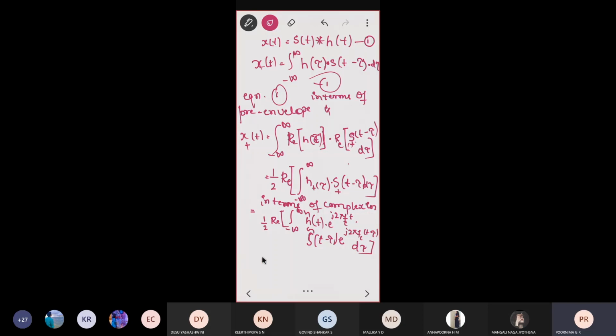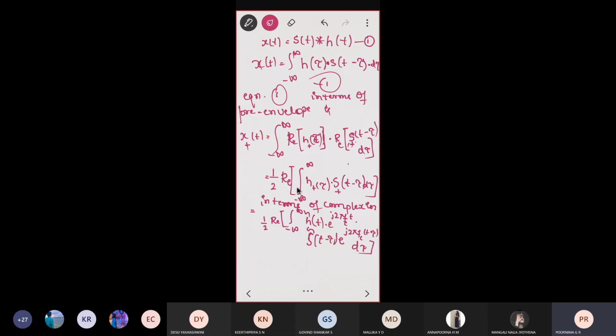Now, if we represent equation 1 in the form of the pre-envelope, x plus of t is the pre-envelope of x of t, the bandpass output. It is equal to the integral from minus infinity to plus infinity, where h of tau can be replaced by the real part of h plus of tau, multiplied by the real part of s plus of t minus tau, d tau.